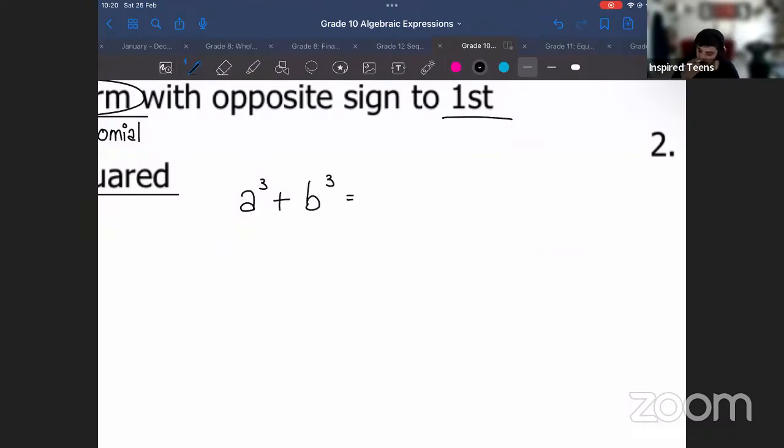So the easy way to remember it: first squared, first times last with opposite sign, last squared. Okay, a cubed plus b cubed. This is the sum of two perfect cubes. So we basically are saying a plus b.